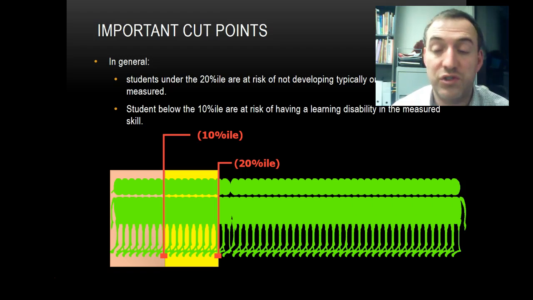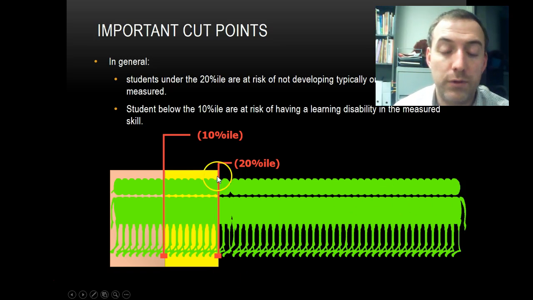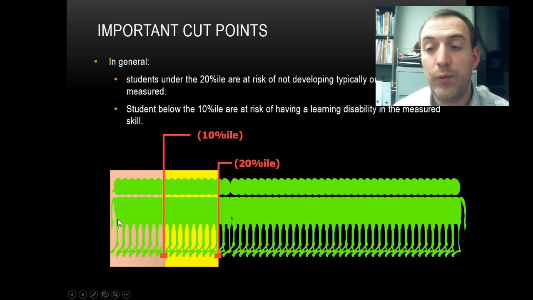They just do well by exposure, by providing them with the opportunity to learn and then letting them go off and do it. But it's the below the 20% and definitely below the 10%. These are the students that we're going to need to spend much more time with.